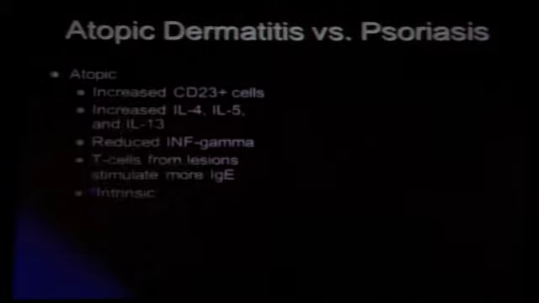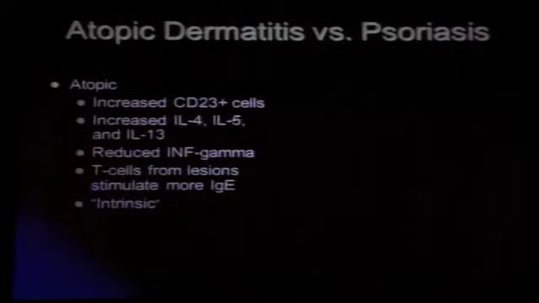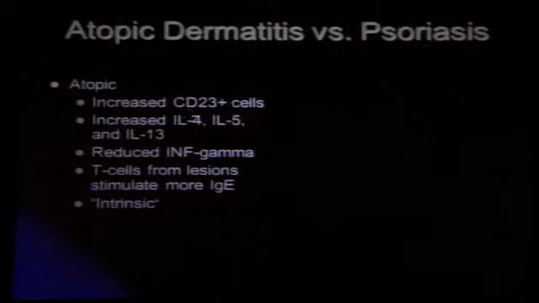Think of atopic dermatitis. Atopic dermatitis has these hallmarks. Interleukin 4, interleukin 5, interleukin 13 are at very high levels. Interleukin 4 and 13 are the target of a newer monoclonal antibody biologic called dupilumab, okay? Interleukin 13 is also a target of lebrikizumab, which is another biologic.